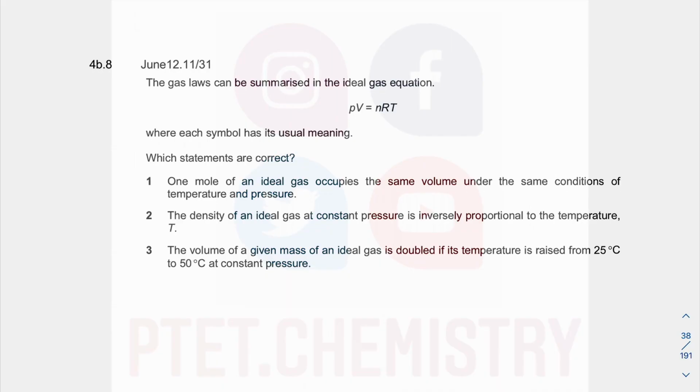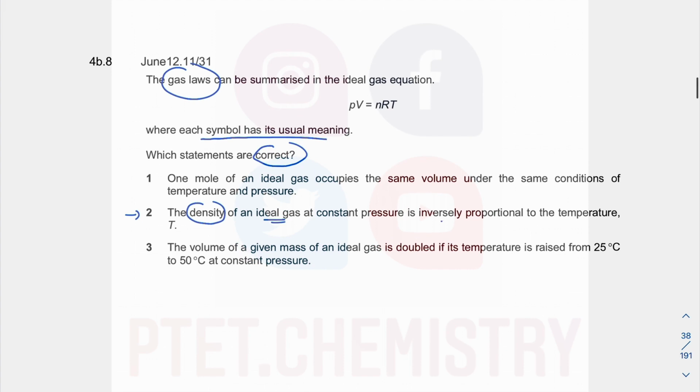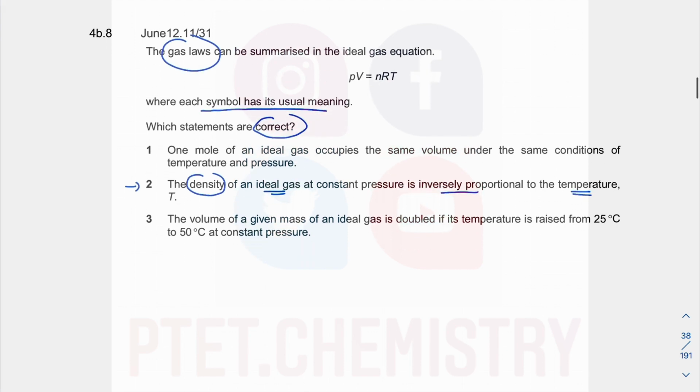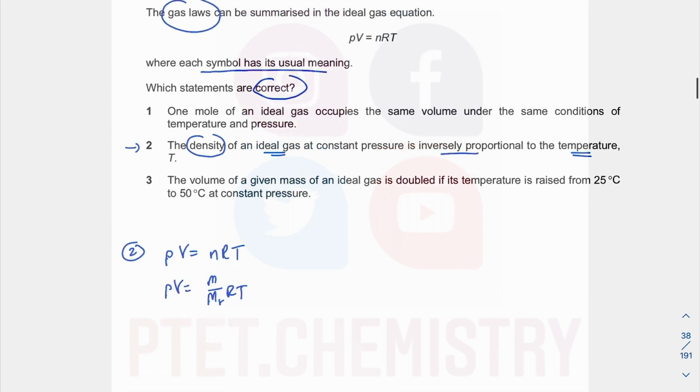In this next question, we are dealing with more of the gas laws. Each symbol has its own meaning with its own particular units. So which statements are correct? If I check 2, the density, we're looking at an ideal gas, it's inversely proportional to temperature. Looking at the ideal gas equation, PV equals nRT, PV equals mass over Mr times RT.